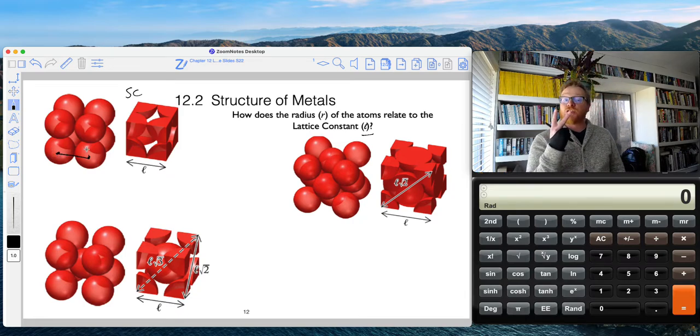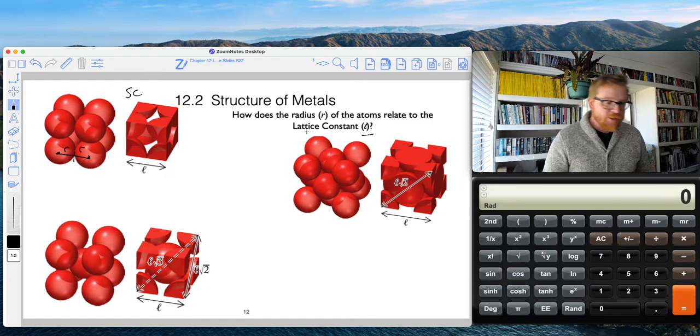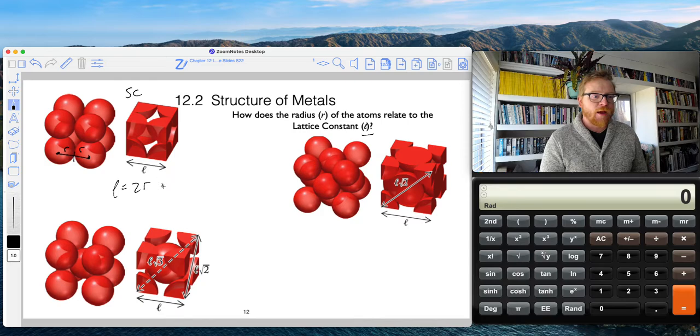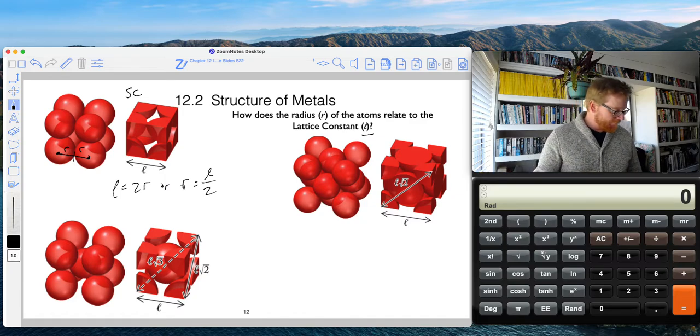So that's 2 radii, right? There's 1 R and then there's another R, so that makes it 2. Okay, so we could say L equals 2R, or we could say R equals L divided by 2. And we gain useful information from that, being able to calculate the size of atoms, knowing the unit cell dimension or vice versa.